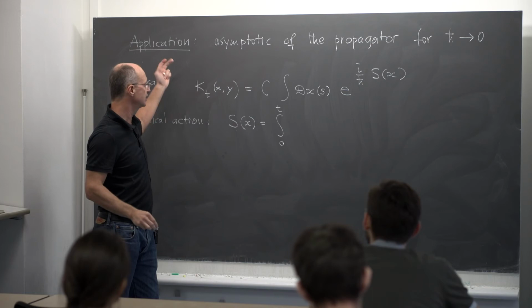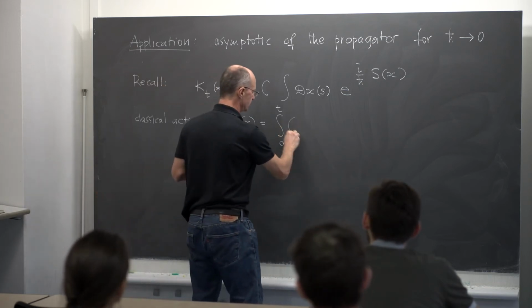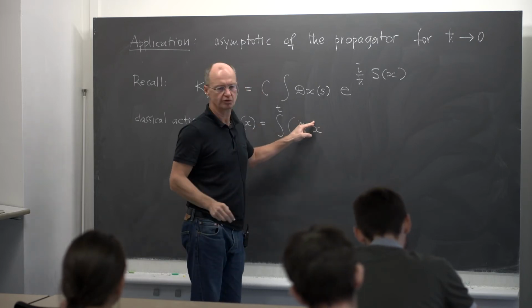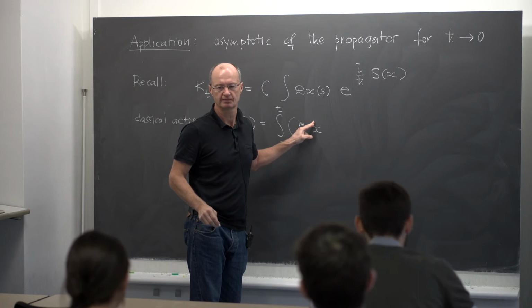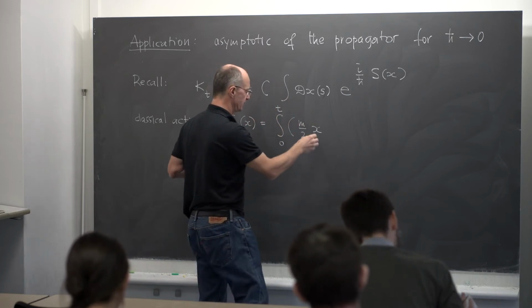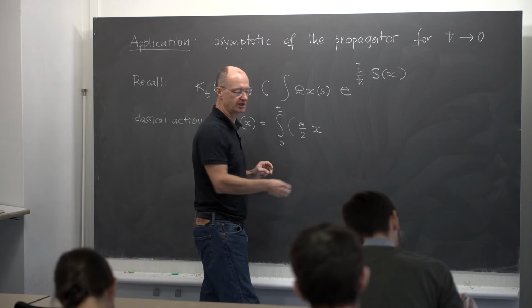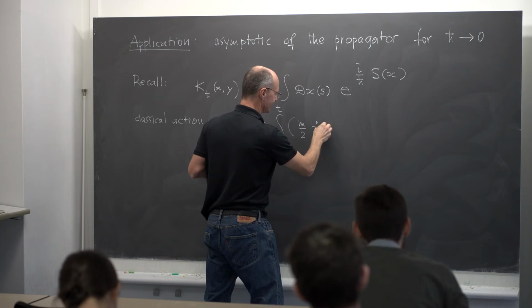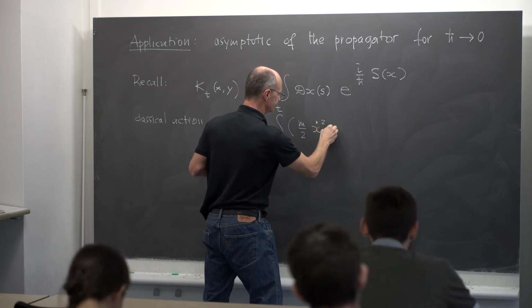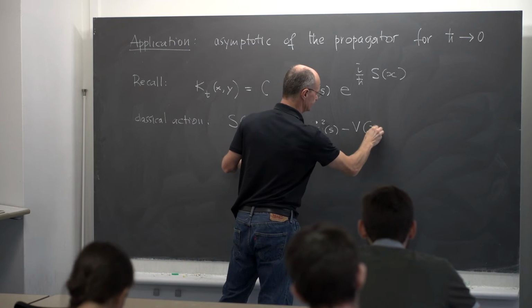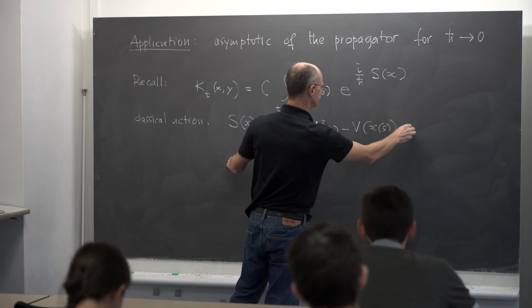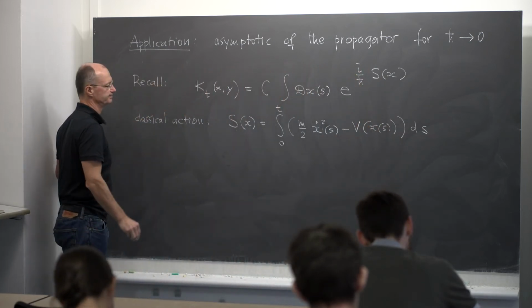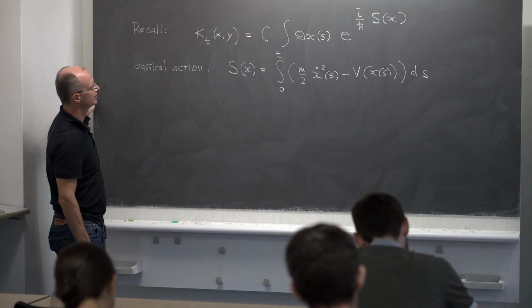So this propagator is for the time t, and here we have m over 2 x dot squared. Right, so that's the expression for the classical action function.